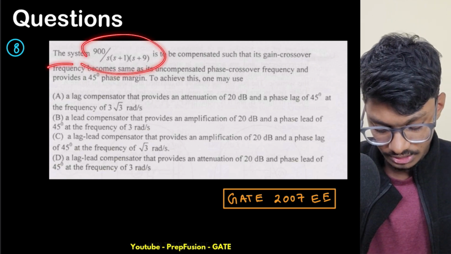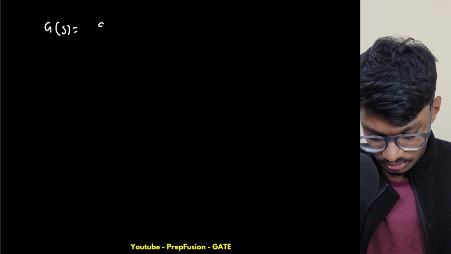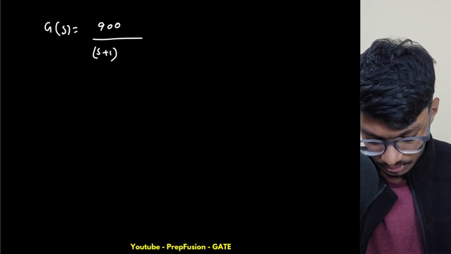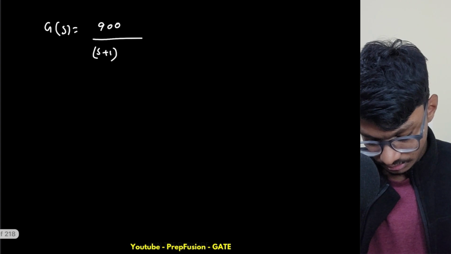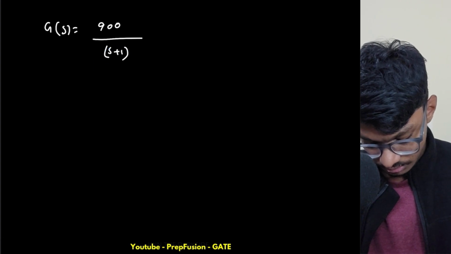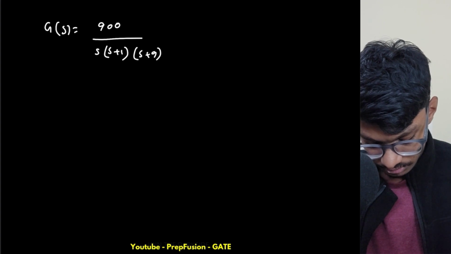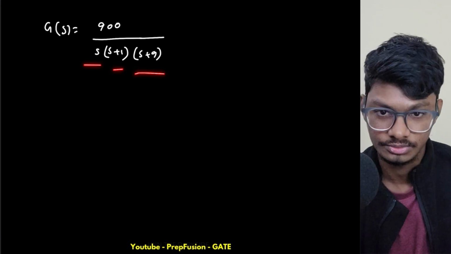The system G(s) equals 900 by s into (s plus 1) by (s plus 9), 900 by s into s plus 1 by s plus 9.